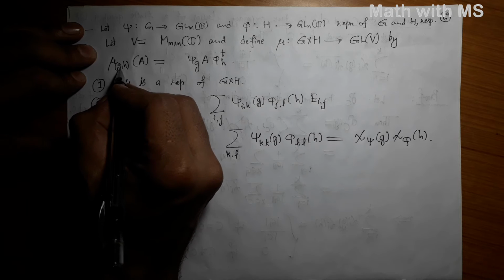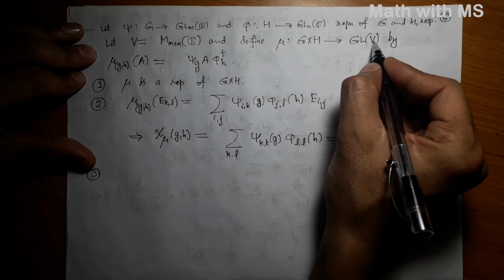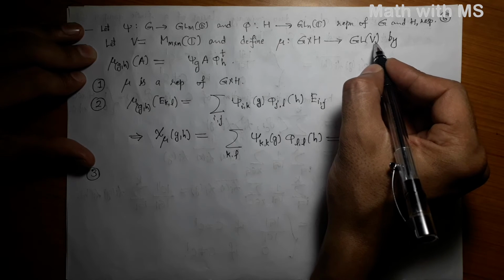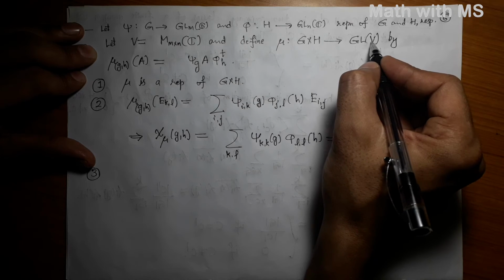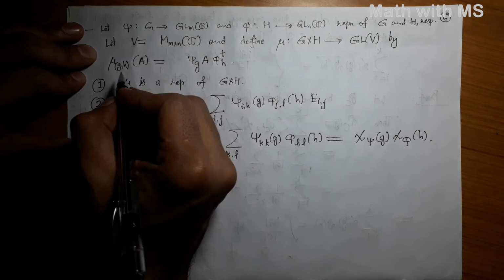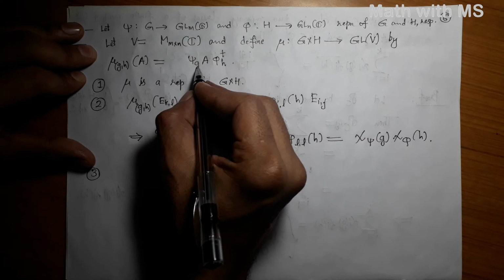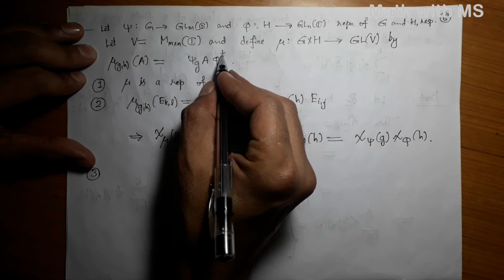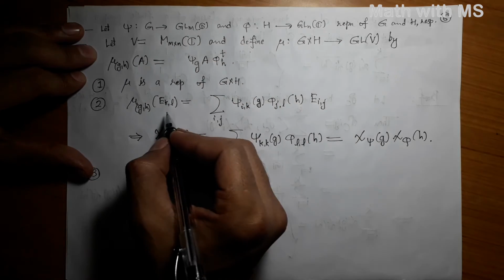So mu of (g,h) is an invertible linear transformation of the vector space V, and how it acts on a vector of V, which is an m by n matrix A, we define as follows. So mu of (g,h) acting on A is psi of g times A times phi of h transpose. You can check that it makes sense, and this is again an element of V.